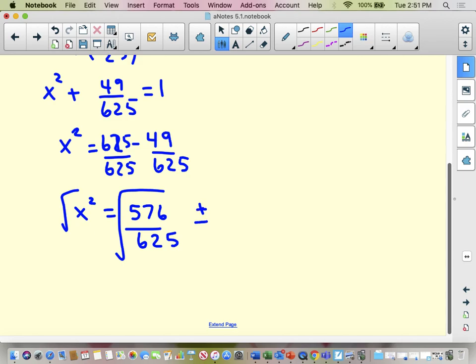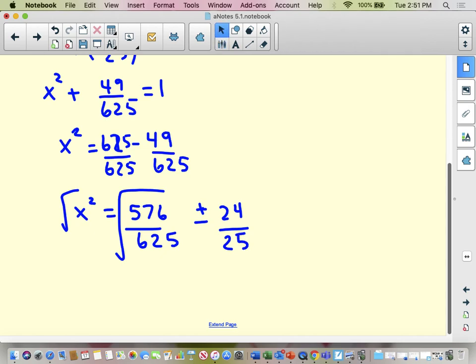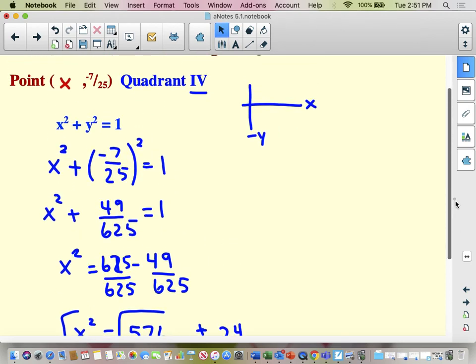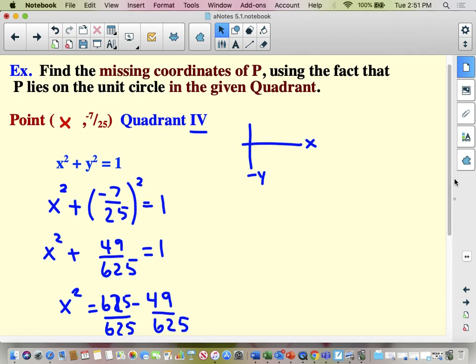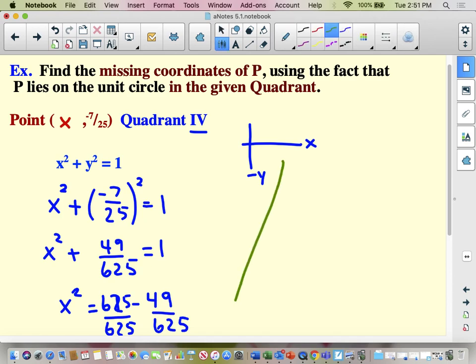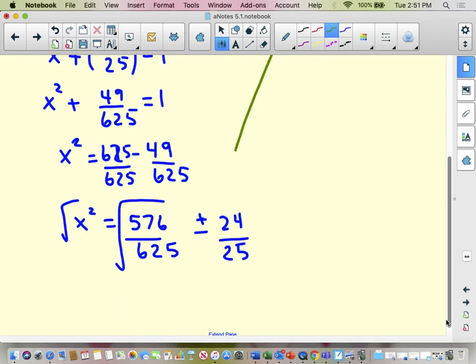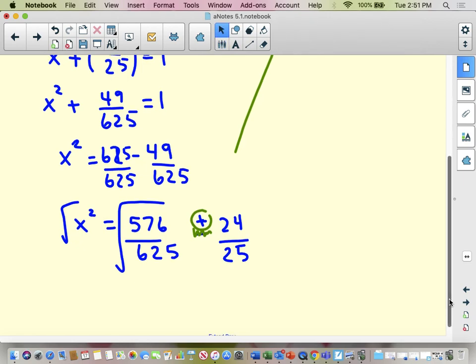Technically, this is going to be plus or minus, let's see, the square root of 576 is 24, square root of 625 is 25. Now I have to make my decision on the plus or minus based on the quadrant that I'm in. Just always pay attention to quadrants, such a big deal in this chapter. So because I'm in the 4th quadrant, right, then I know that my x coordinate is positive and not negative there.